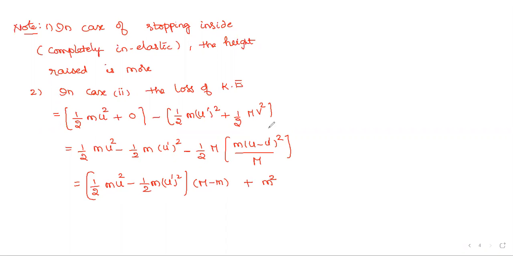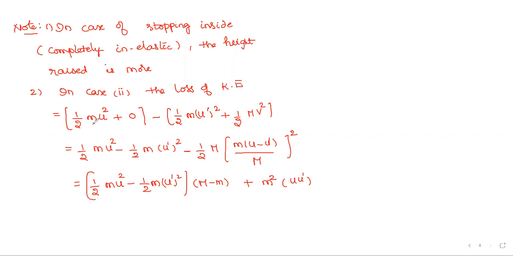Sorry, here also I have to write whole square. This is the v value, v square, correct one. M square into u dash you will get. This is what I said. Don't try to remember this formula.